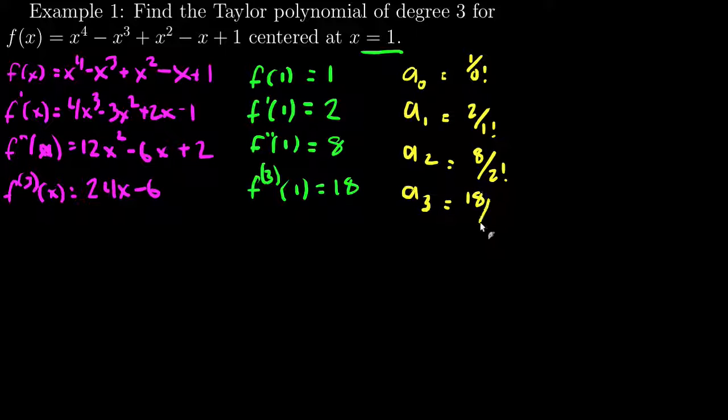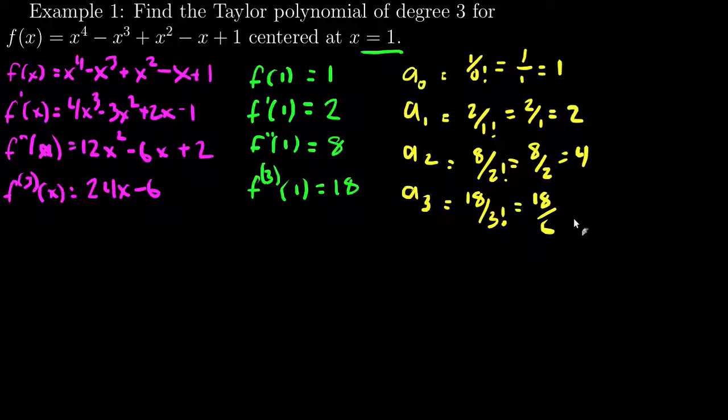And it's 18 divided by 3 factorial. 0 factorial is 1, so 1 divided by 1 is 1. 1 factorial is 1, so 2 divided by 1 is 2. 2 factorial is 2, so 8 divided by 2 is 4. And 3 factorial is 6, so 18 divided by 6 equals 3.